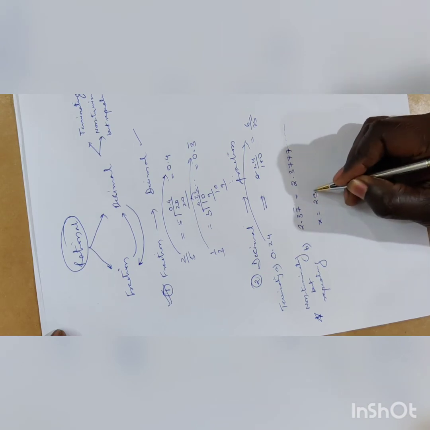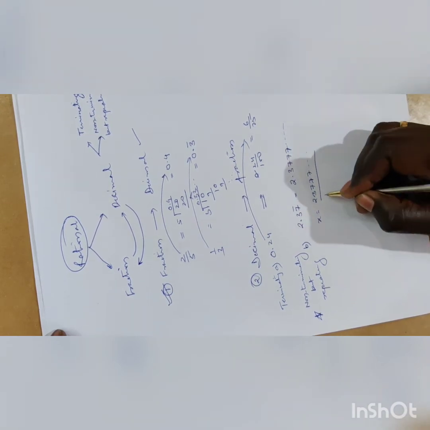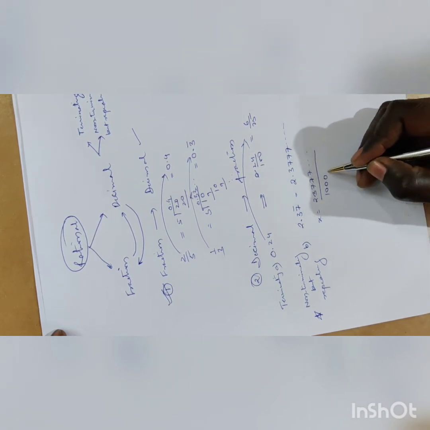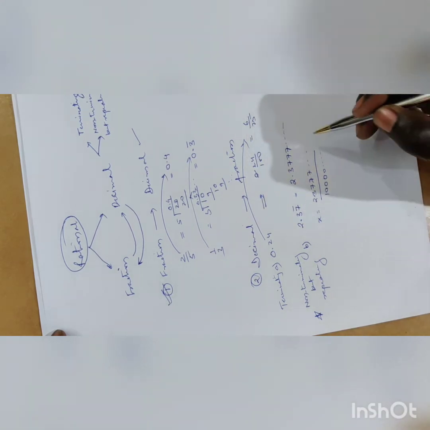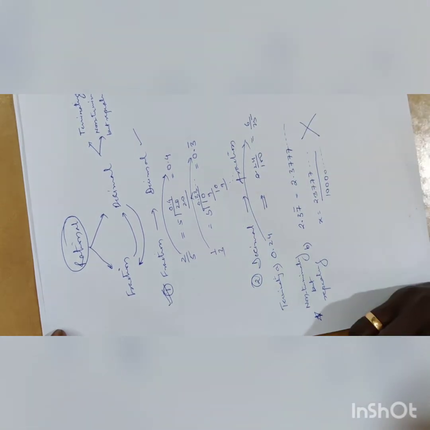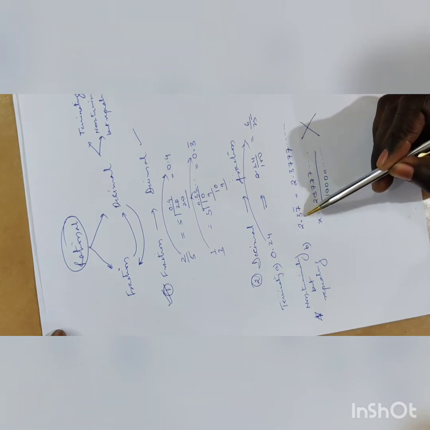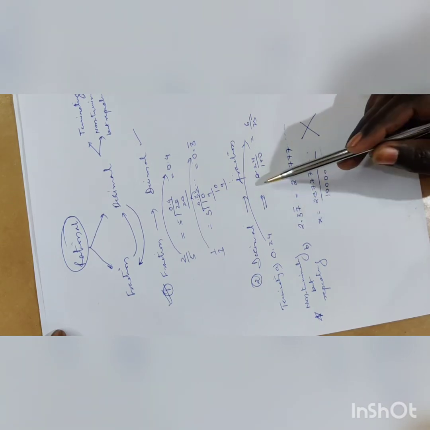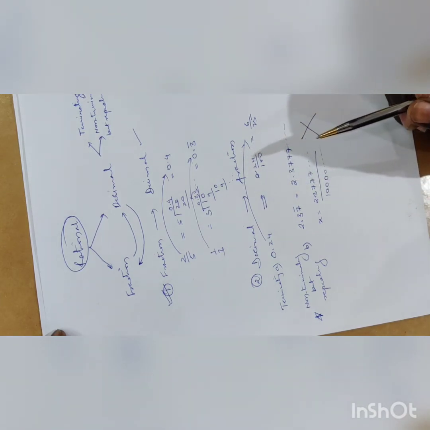If I remove decimal, it will be 2377777 and so on, divided by 1000. How many zeros should I put? I'm not sure. So this method is wrong. I can't convert this into fraction by the previous method. So I have to get another method, right?